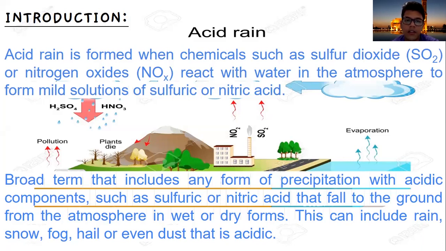The term also includes when some form of precipitation with acidic components, such as sulfuric or nitric acid, falls on the ground. For example, snow and fog that are a little bit acidic.